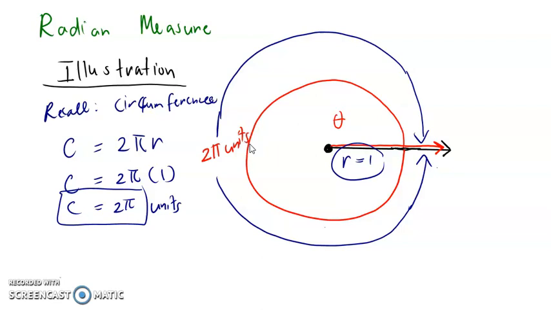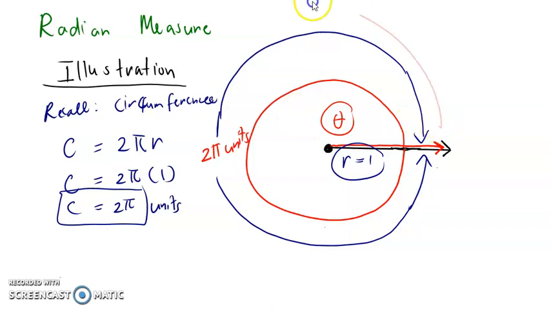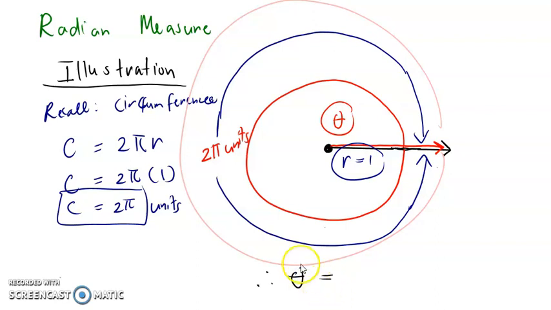So if we wish to measure an angle or central angle in terms of radians, wherein the initial side coincides with itself, since the length of the arc measures 2 pi units, therefore, we can say that theta is equal to 2 pi radians.